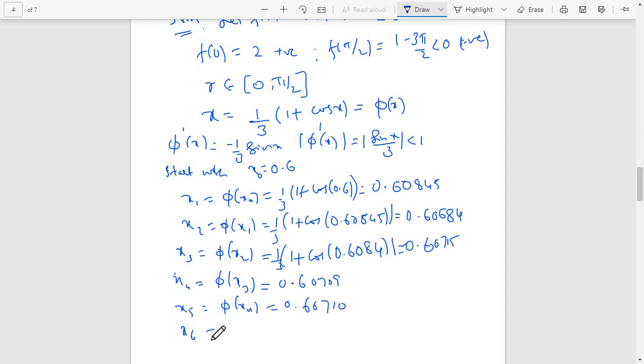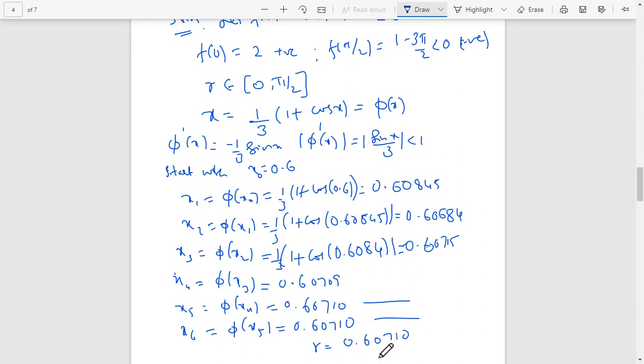Next check x6, that is phi of x5, which is equal to 0.60710. So we see that x5 and x6 are the same. Then we can say that the real root of the equation is 0.60710, because the root has converged here.